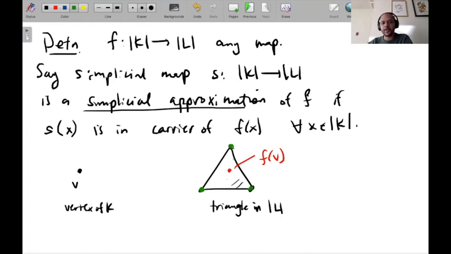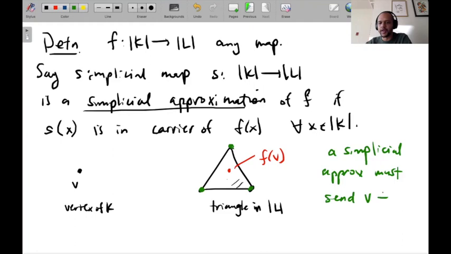Being a simplicial approximation means that it maps to one of these vertices that are part of the carrier of f of x. So a simplicial approximation must send V to one of A, B, and C.